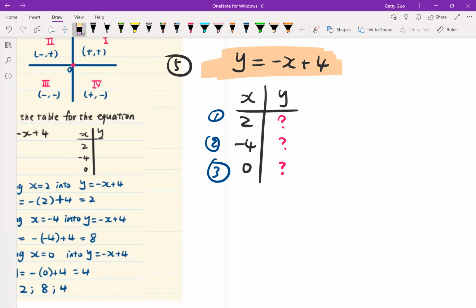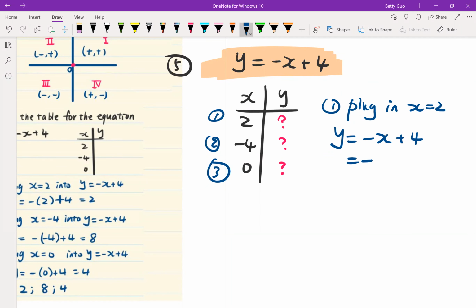So number 1, we plug in x equals 2. Let's copy the equation y equals negative x plus 4. We copy negative, copy plus, copy 4. We do not copy x. Instead, we put 2 in the place of x. That is called a plug-in, right?